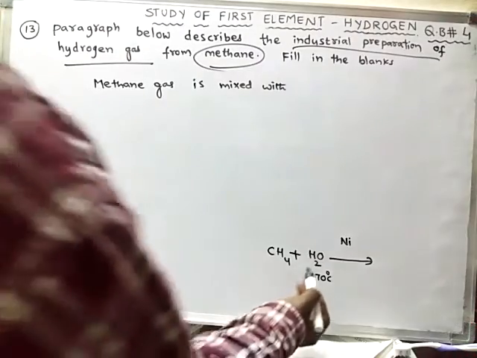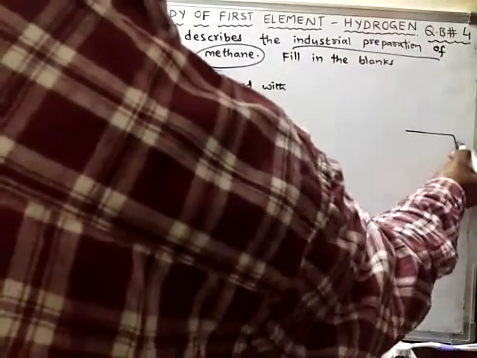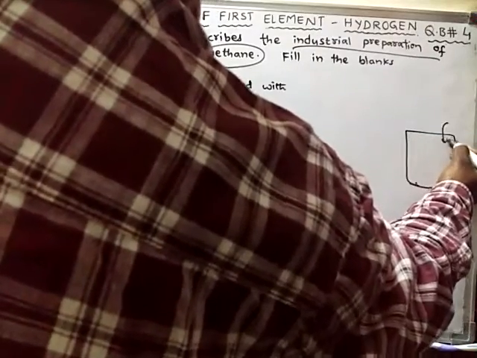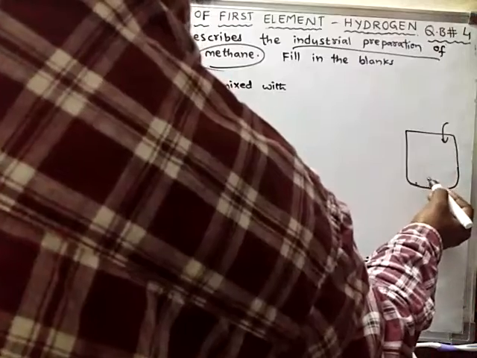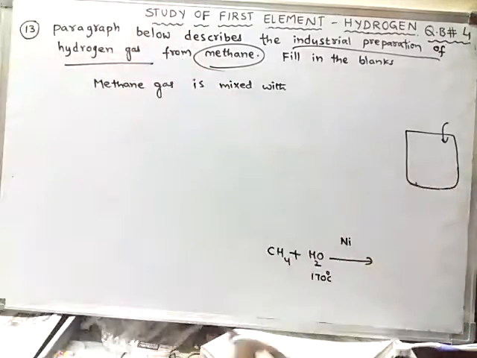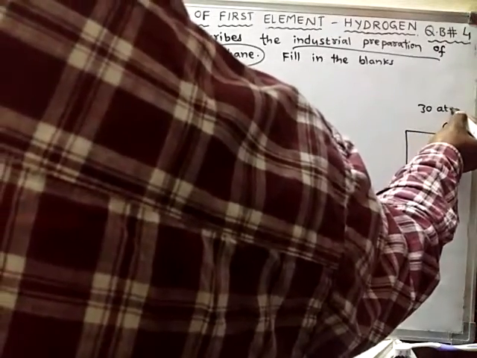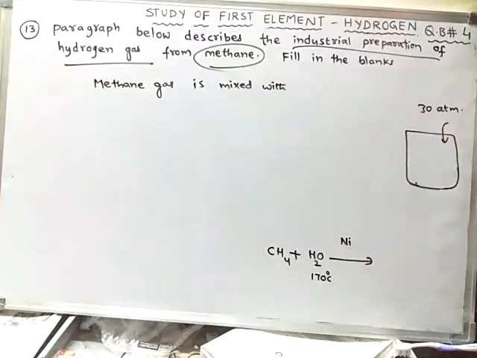And these two substances should be kept in a container, and there should be very high pressure in that container. We have to maintain nearly 30 atmospheres of pressure.